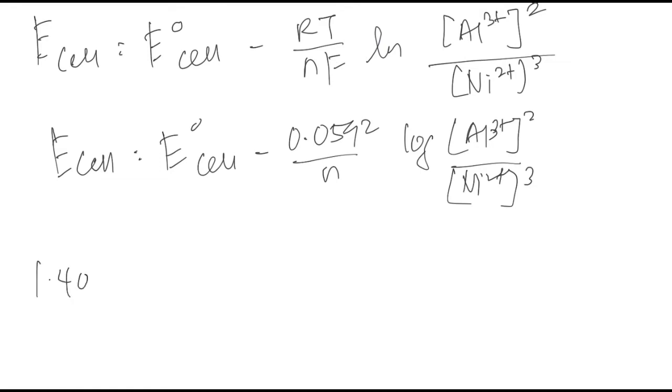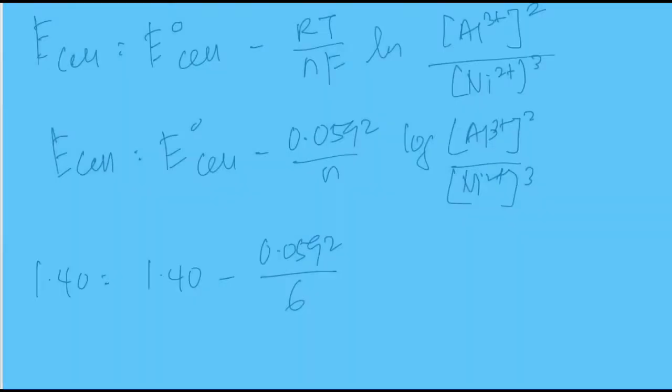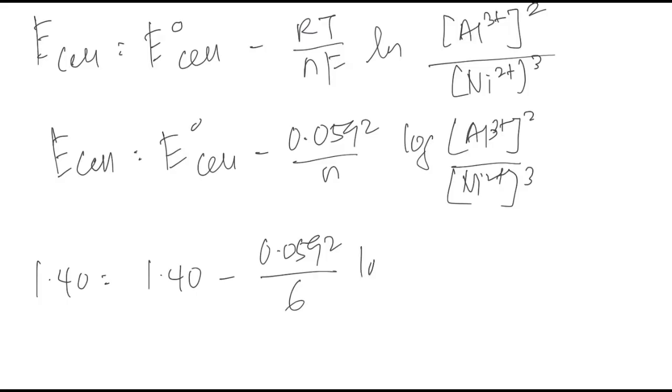So 1.40 minus 0.0592 over 6, because the mole of electron transferred is 6. Okay, 6. And here log Al3 plus, the concentration is what we are going to find, X power 2, over nickel 1.5 power 3.